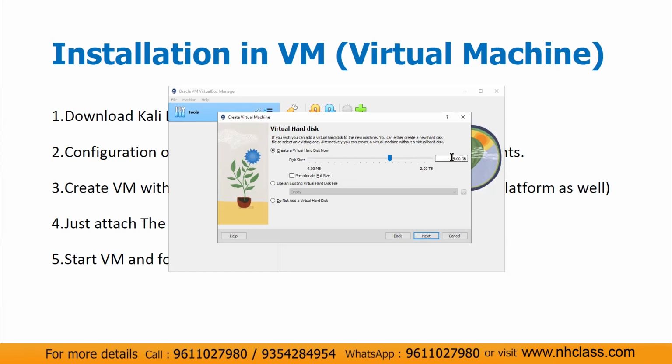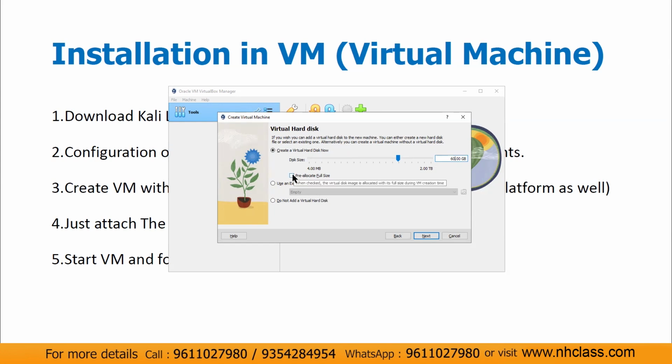Hard disk size. Generally 60 GB is enough for any kind of environment, so I'm using 60 GB disk size. What is this option, pre-allocated full size? If you want this machine to work faster and use the virtual hard disk as separate on the hard disk, then you can use it.